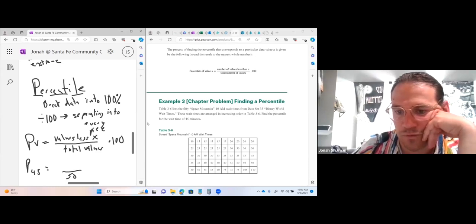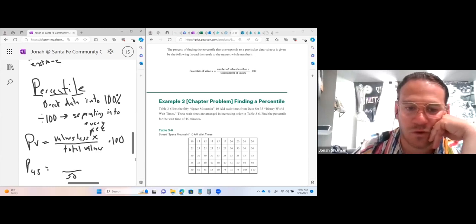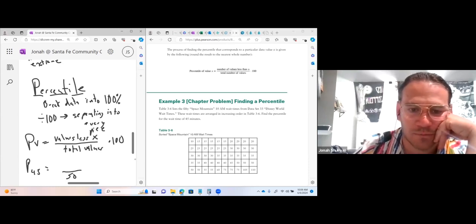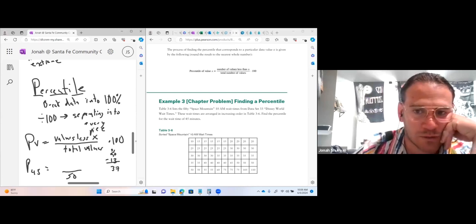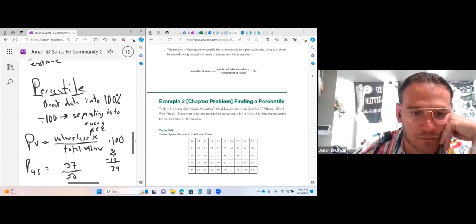I have 1, 2, 3, 4, 5, 6, 7, 8, 9, 10, 11, 12, 13. So if I have 13 that are bigger, 50 minus 13 is going to give me the smaller ones. So it's 37. So basically to do the formula, all we have to do is 37 divided by 50 times 100. And that'll give us our percentile.